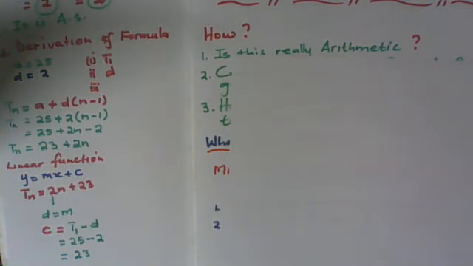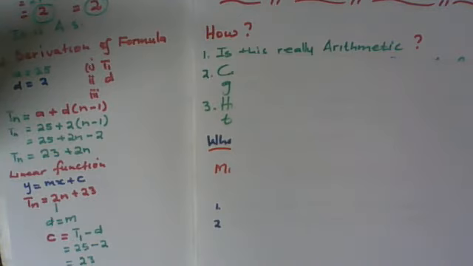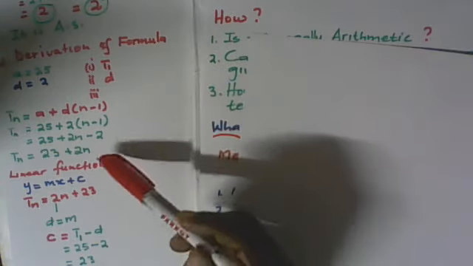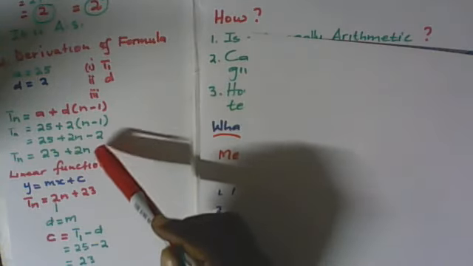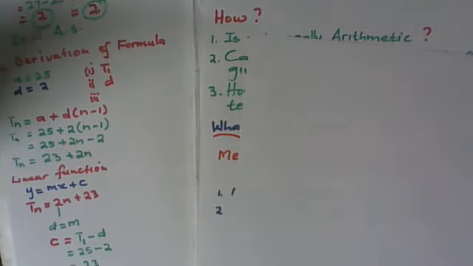Guys, this is how you do it. This is linear. But the question was, how do we derive the formula? By getting this. This is the formula. Now, let's substitute.